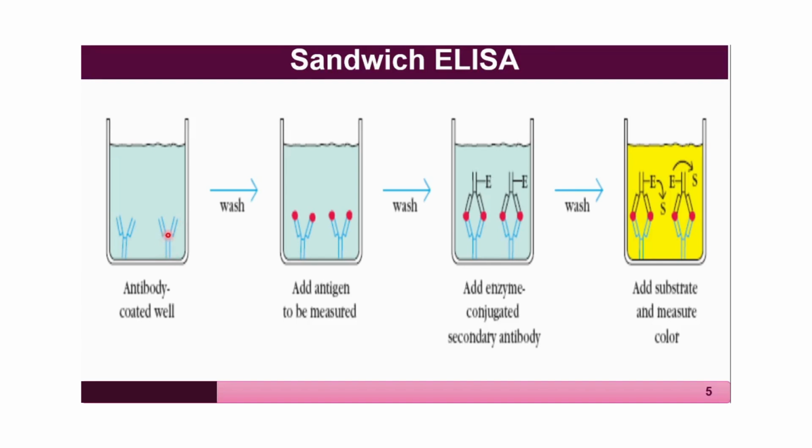Let us presume the patient serum contains the antibody, it gets immobilized. Now, the excess of serum is washed off using saline, and after thorough washing, corresponding to that antibody, the antigen is added.